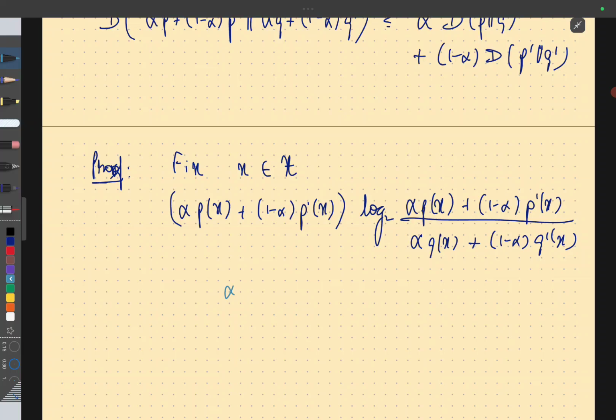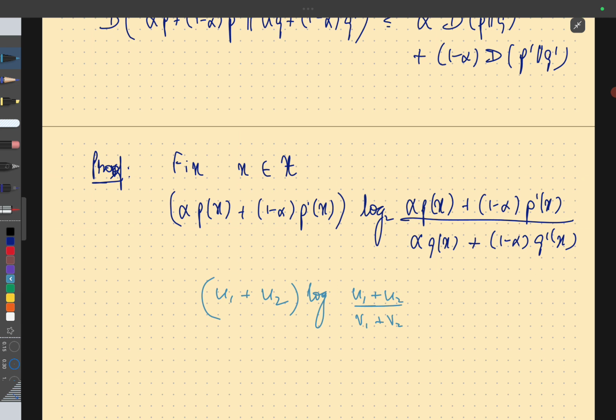This is the form, let me use a different notation, say u1 plus u2 times log of u1 plus u2 divided by v1 plus v2.